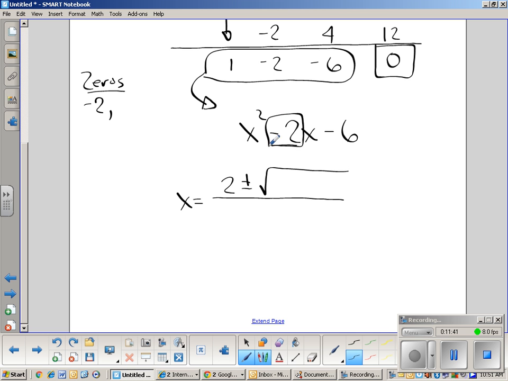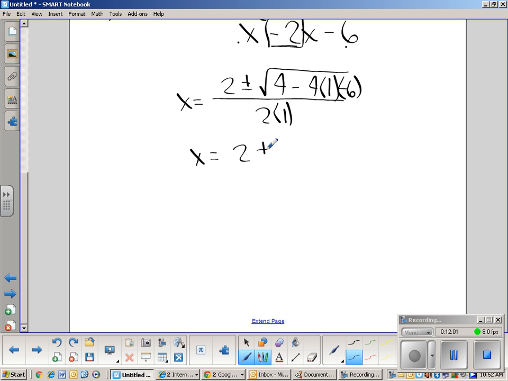This number is b, right? -2 squared is 4 minus 4 times 1 times -6, all over 2 times a, which is 1. And so I get 2 plus or minus, what's a -4 times 1 times a -6? It's a positive 24, isn't it? And so I get 4 plus 24 is 28.